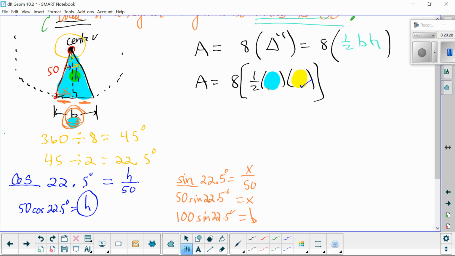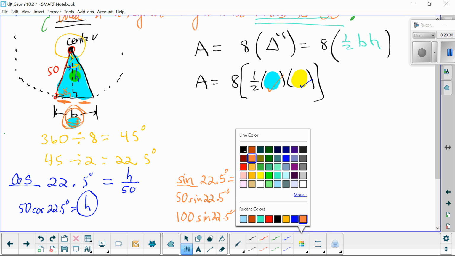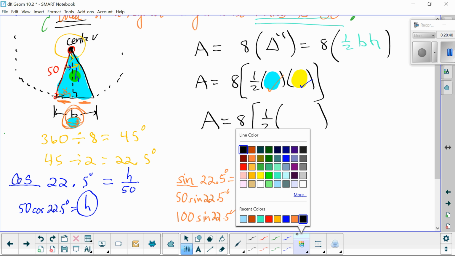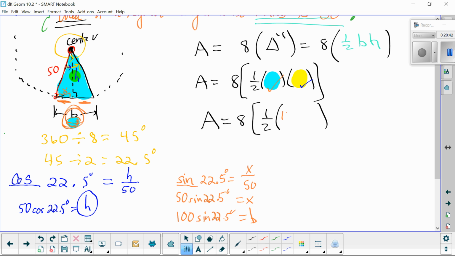All right, now we have the base, so we can complete our problem. The area of this regular octagon is 8 triangles, where each triangle is 1/2 times base times height.